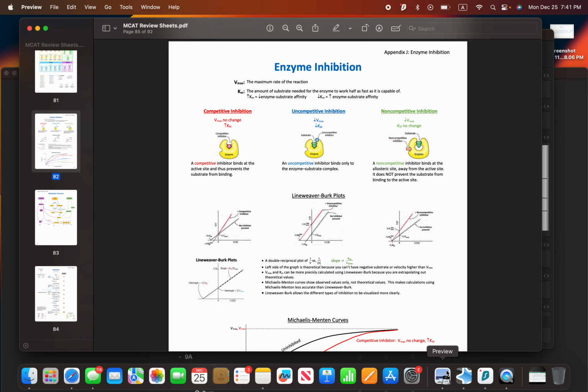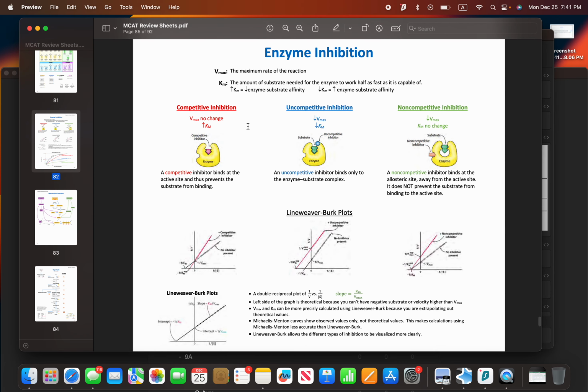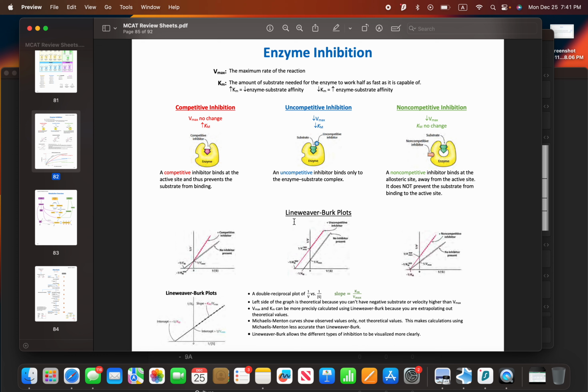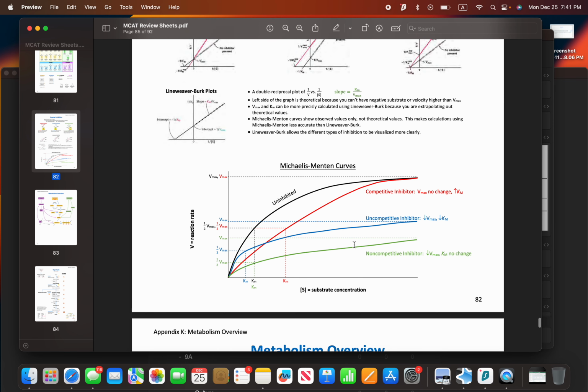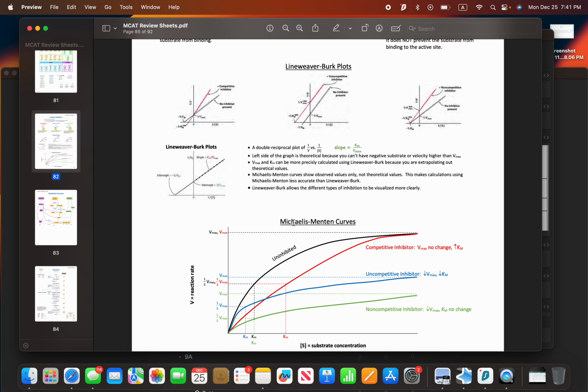Now we have a diagram here for the 3 of them, right? There are also the Lineweaver-Burk plots that we want to know about. It's basically an x-axis and y-axis that we will be comparing the inhibitors with. And also there are Michaelis-Menten curves.